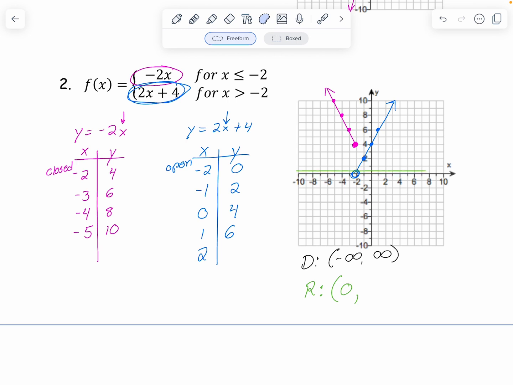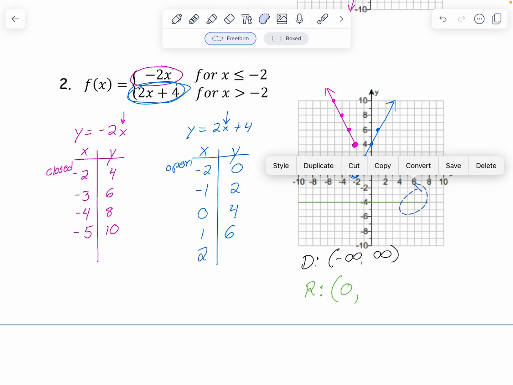So I'm looking for, are these y values included? So if I go here, well, there's 1, that's included. I've got 2, it's included. These y values are included. There's 4. Now, I go up here. So really, even just following the blue piece, I've got everything from 0 up forever is included.